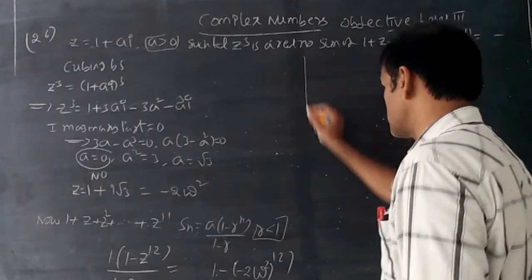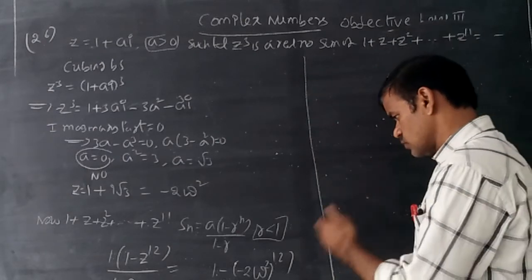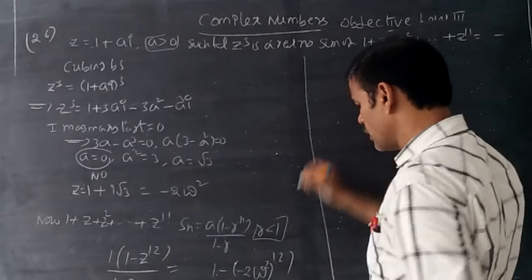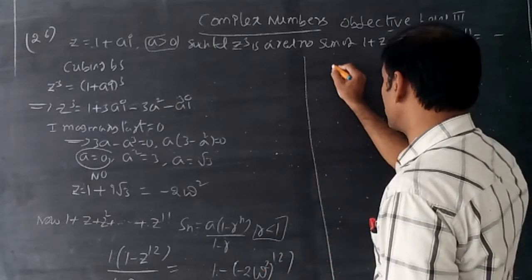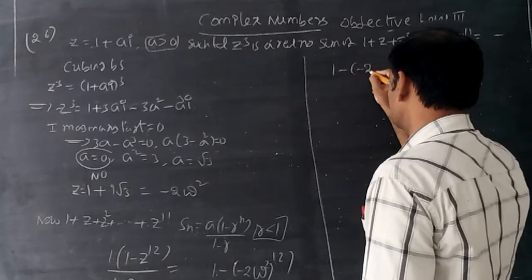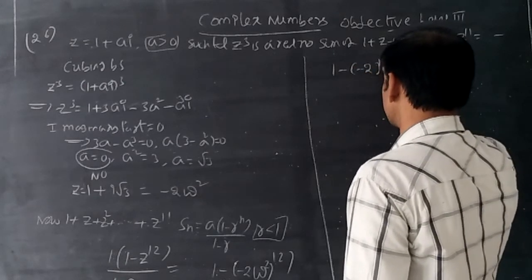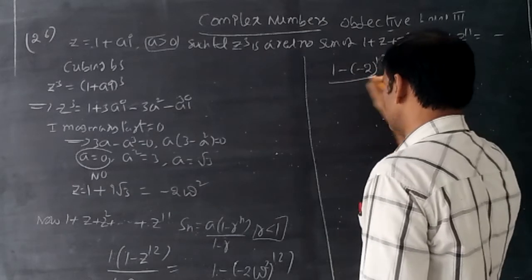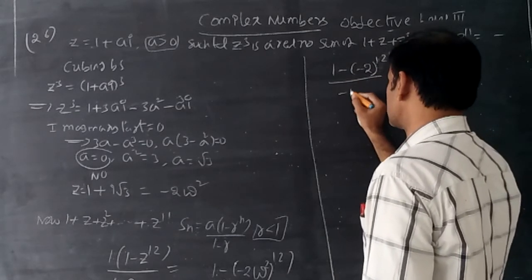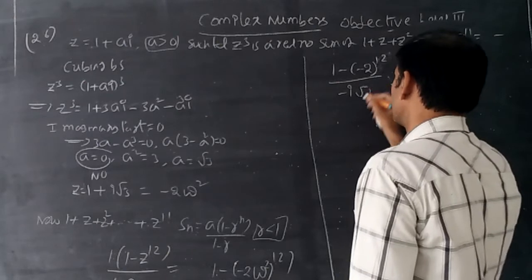So 1 minus omega power 24, which becomes 1, gives 1 minus minus 2 power 12, divided by minus i root 3.